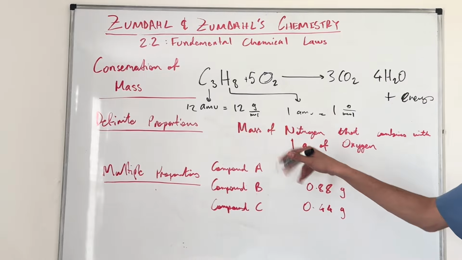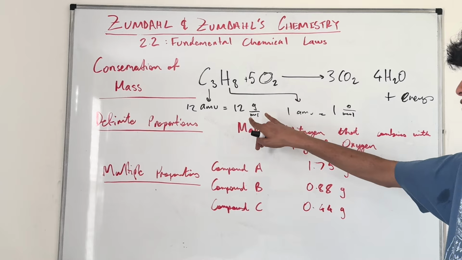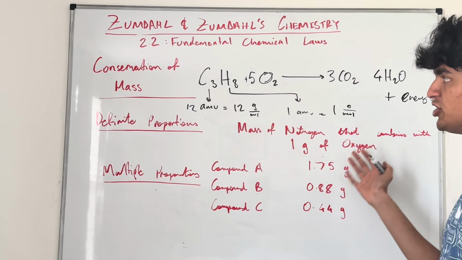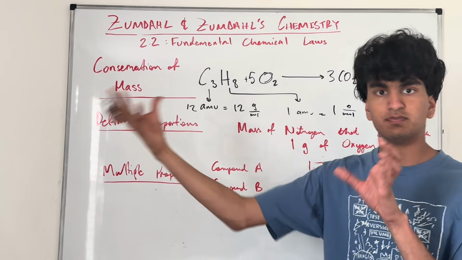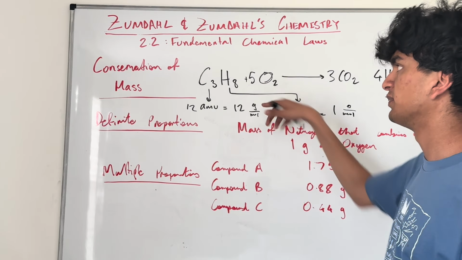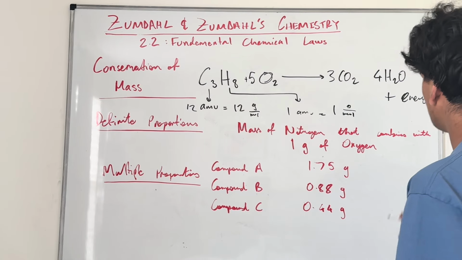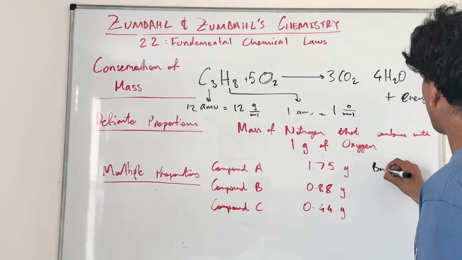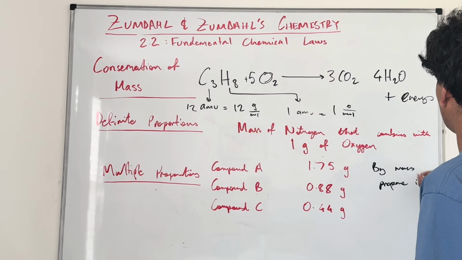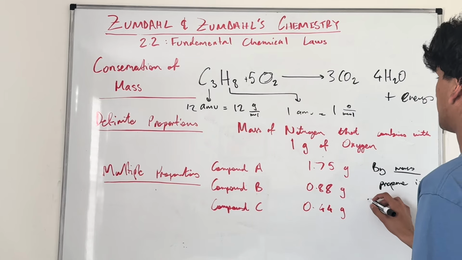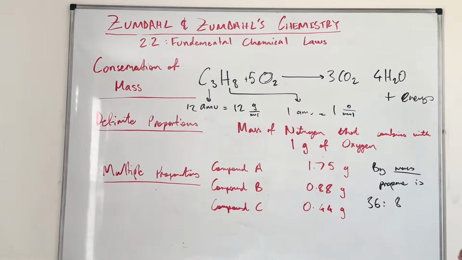The ratio of molecules is going to be 3 to 8, right? In order to make the propane, you need 3 carbons and 8 hydrogens. So if we multiply this by 3 and this by 8, that means by mass, and that's the important part, it's 36 to 8, if I'm not mistaken, right?